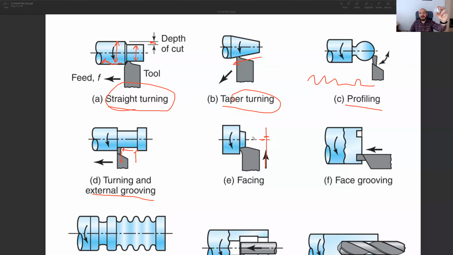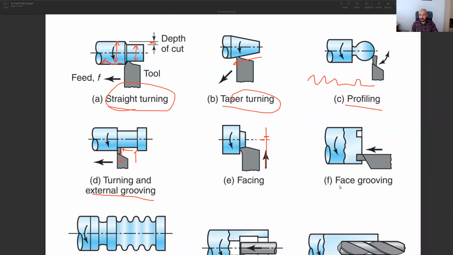For instance, a facing operation has been performed on this part while we were machining on the lathe. Our tool moved into the center and then came back.